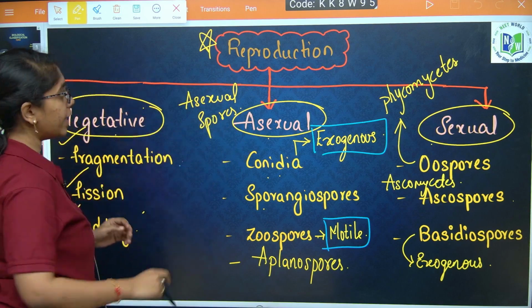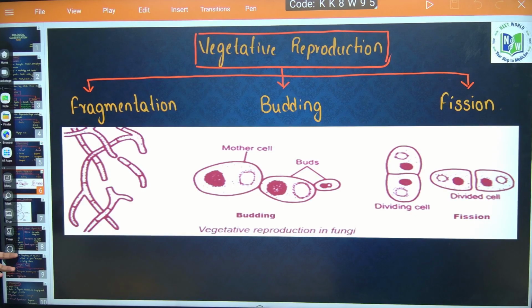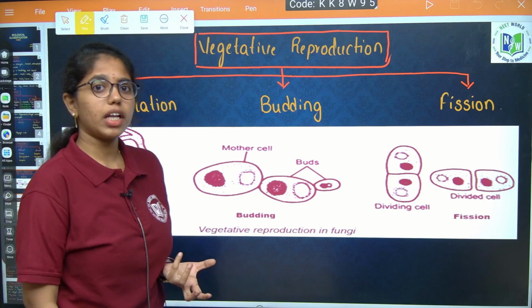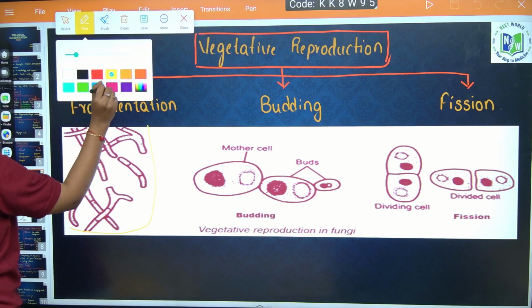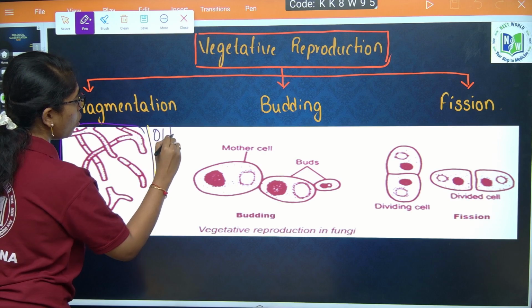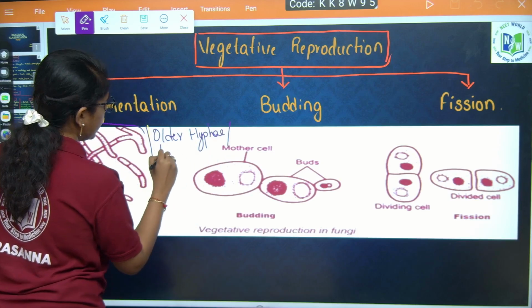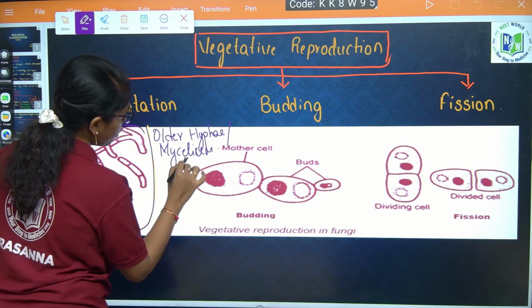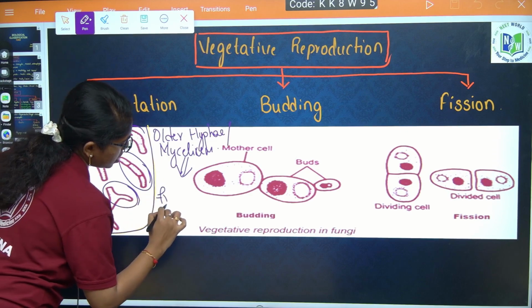If you look at the types of reproduction in detail, firstly there is vegetative reproduction, which includes fragmentation, budding and fission. What does fragmentation mean? An older fungal mycelium, or older hyphae, will break into fragments.